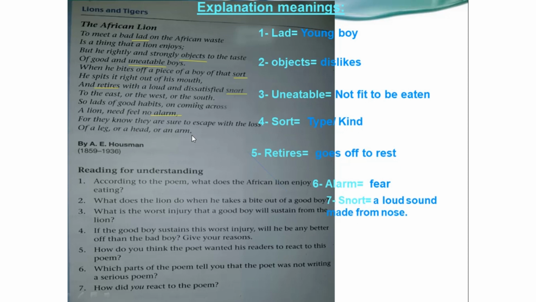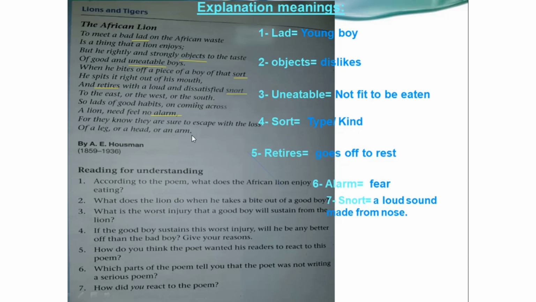So here what the poet is telling us is that the lads of good habits, the boys who have good habits, don't need to fear. Why? Because they are not going to be eaten whole. The lion is going to take one bite for sure, but after taking one bite, he is not going to like the taste and he's going to spit it out of the mouth.